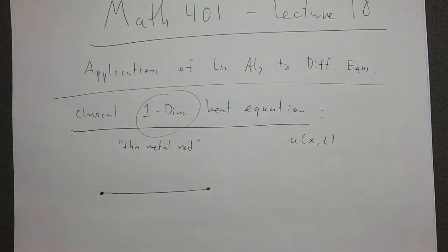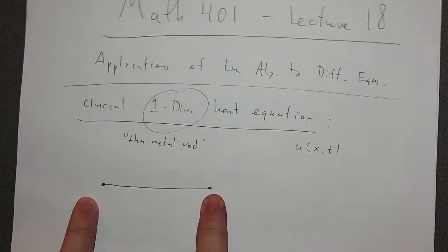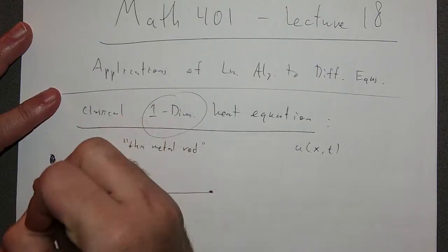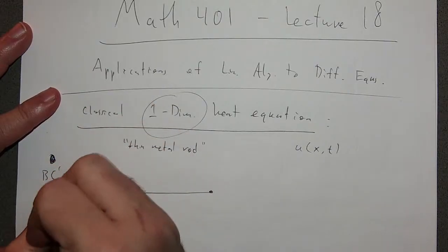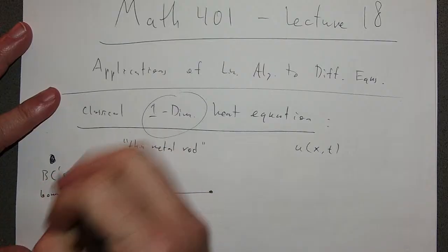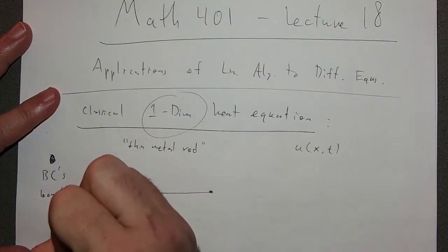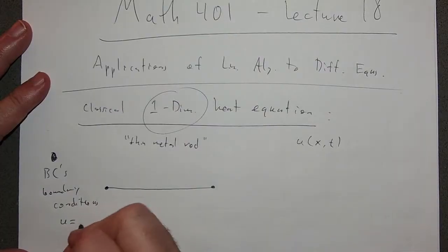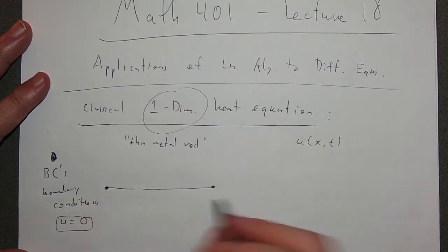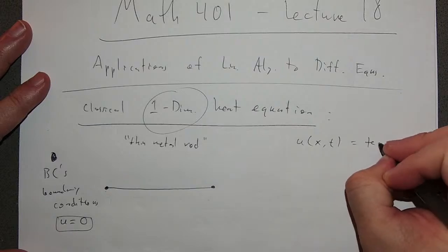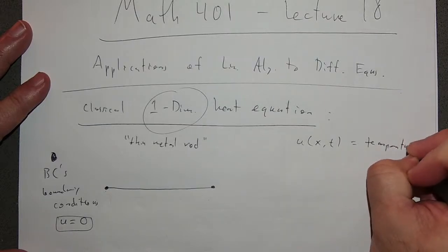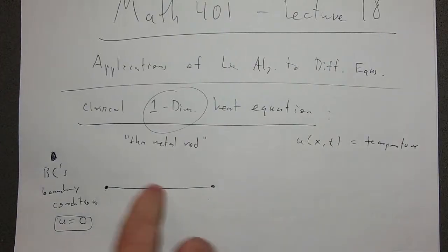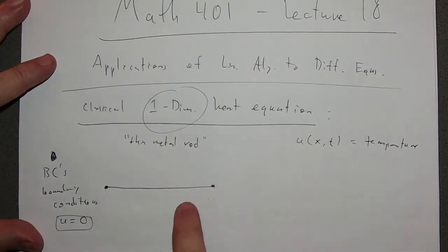t is time. Now we are going to have boundary conditions, or BCs, here. Maybe we could start with some Dirichlet boundary conditions. So something like this, u equals 0 at the ends. Here, u is my temperature, the temperature at the ordered pair (x, t), so x is the position on this thin metal rod, and t is the time.